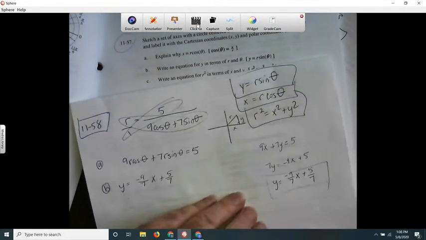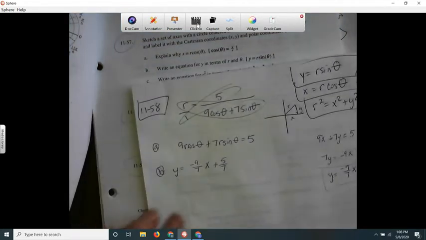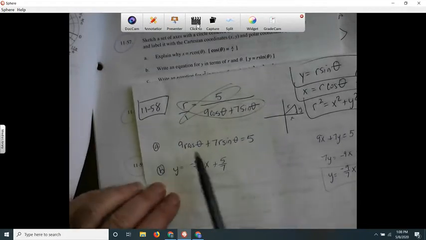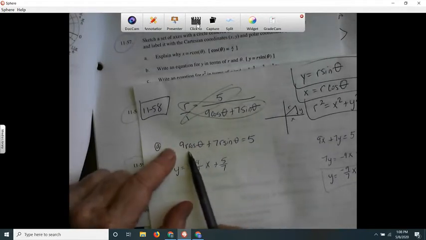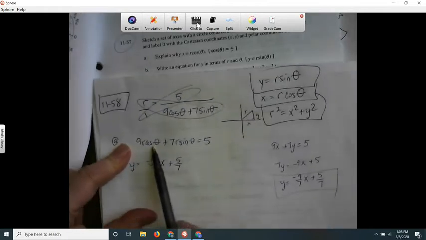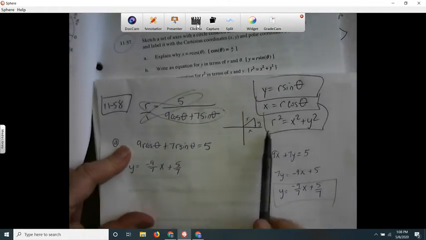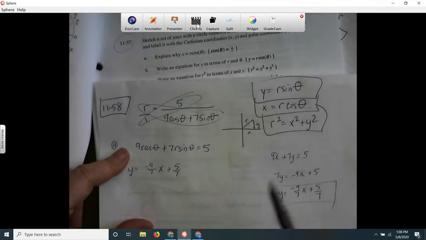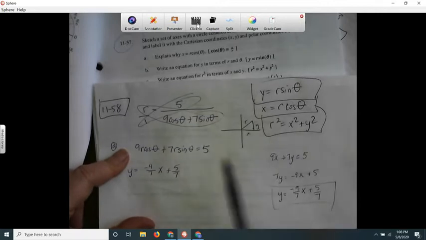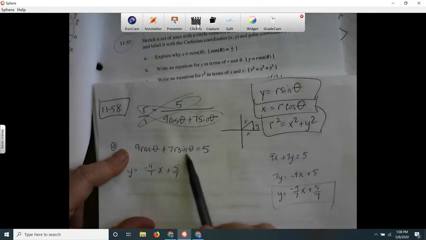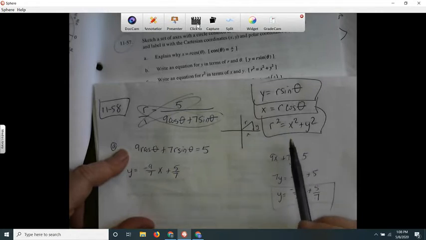So if I plug in 9 times r cosine theta, well, what's r cosine theta? R cosine theta is x. So that would be 9 times x. And then 7 times r sine theta is y. And that's equal to 5.